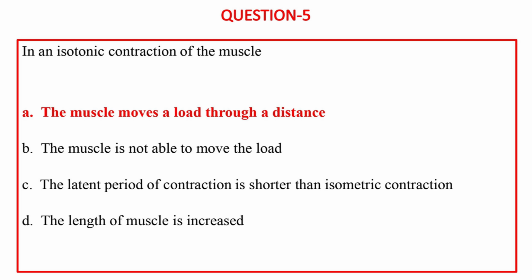So the external work is actually 0. It happens in isotonic but not in isometric. Since the question is about isotonic contraction, option A is correct: the muscle moves the load through a distance.